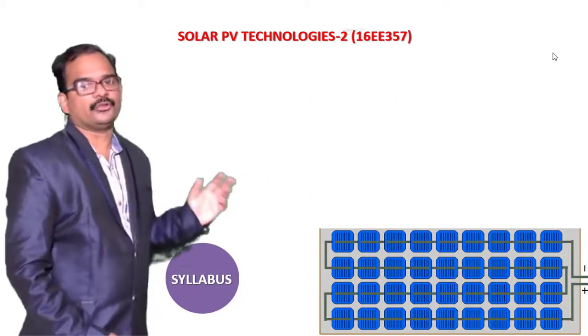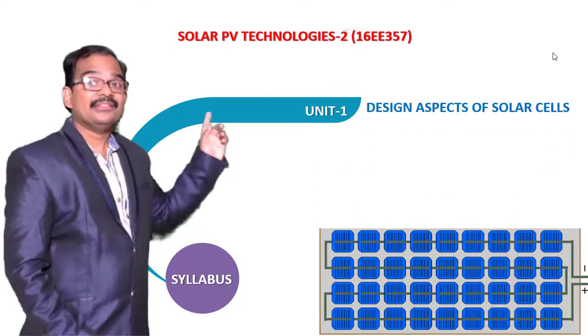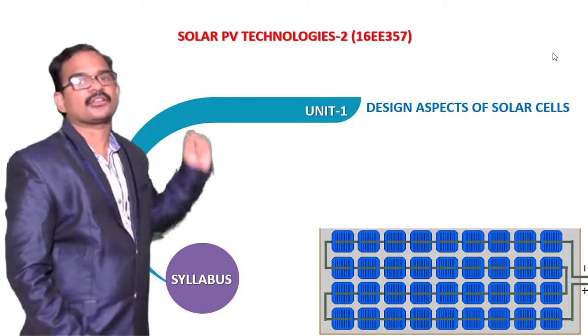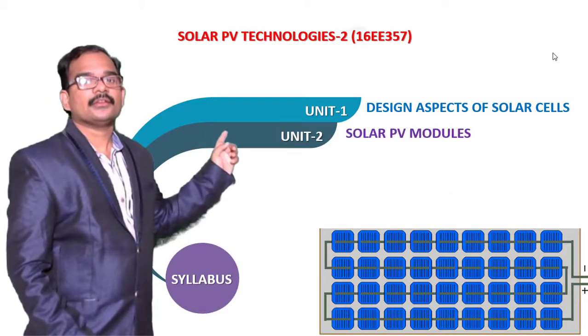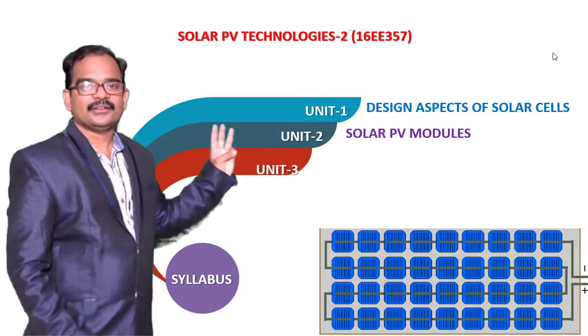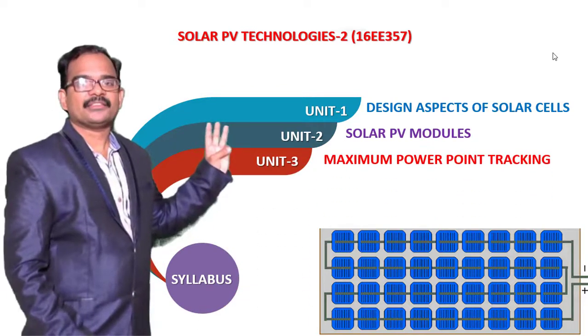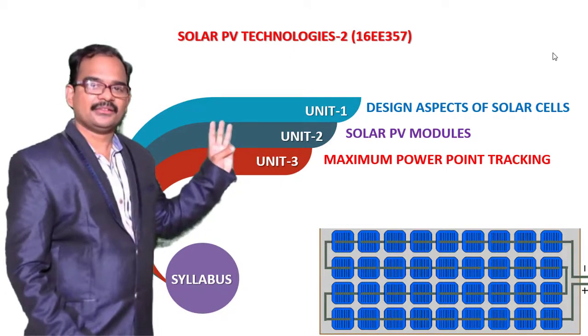The first unit deals with design aspects of solar cells. The second unit deals with solar PV modules. The third unit deals with maximum power point tracking, or in short MPPT techniques.